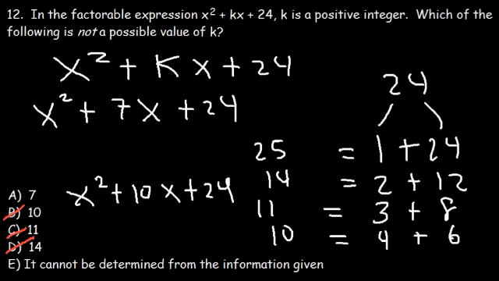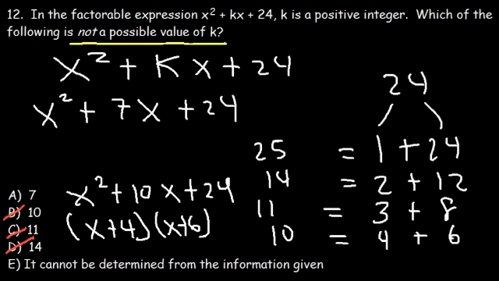X squared plus 10x plus 24 would be equal to x plus 4 times x plus 6. And so that's why 10 is not the answer. And because there's no two numbers that multiply to 24 but add to 7, therefore 7 is not a possible value of k. And so answer choice A is the right answer for this problem.